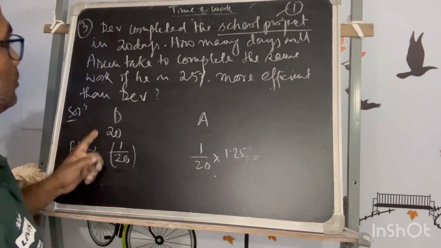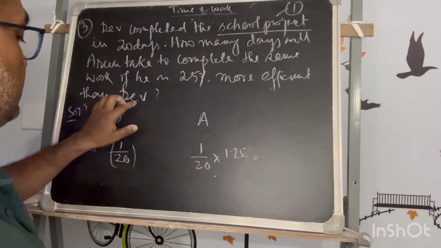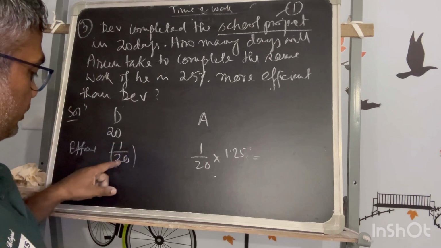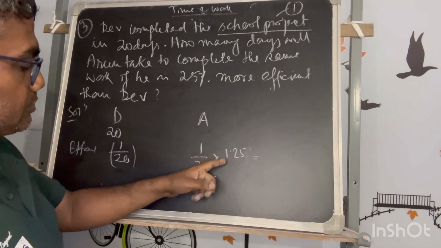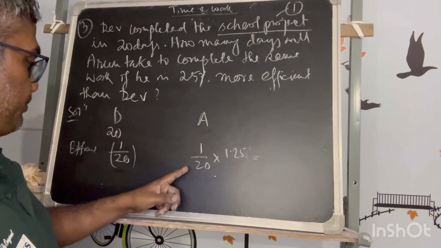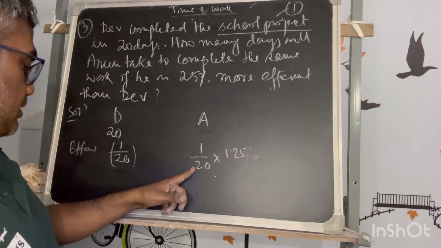Let me check it once. Arun is 25% more efficient than Dev. If Dev's efficiency is 1/20, Arun is more efficient, so his time will be lesser.